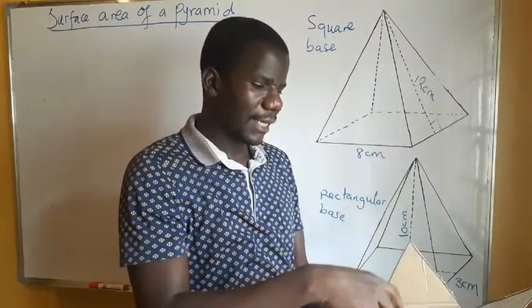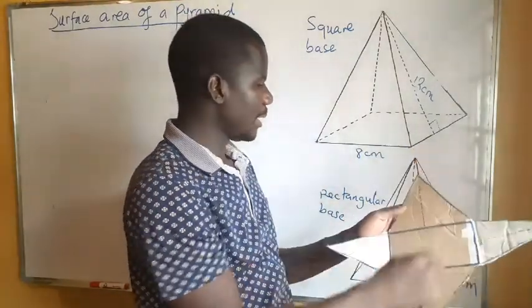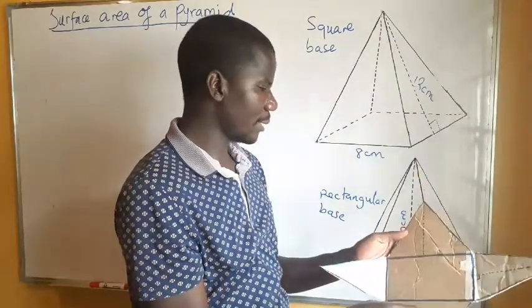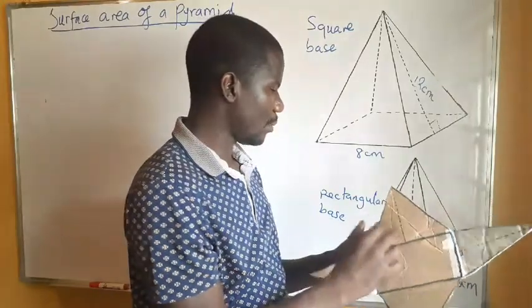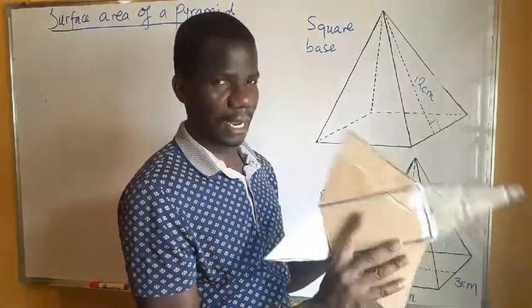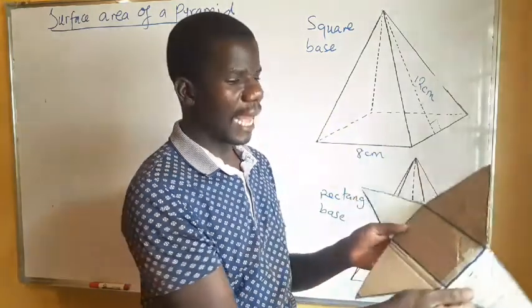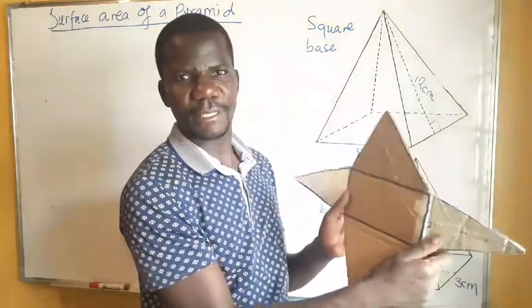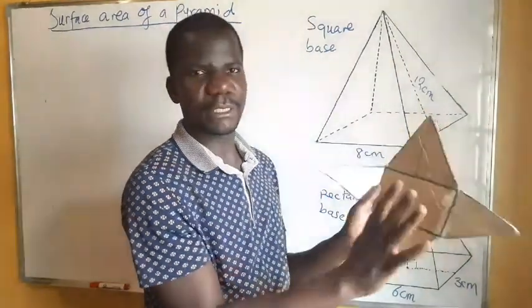What we want is the slant height of these triangles. Are we together? We want the slant height of these triangles here. That is what we want. If the slant heights are given this side and this side, the question is very simple.